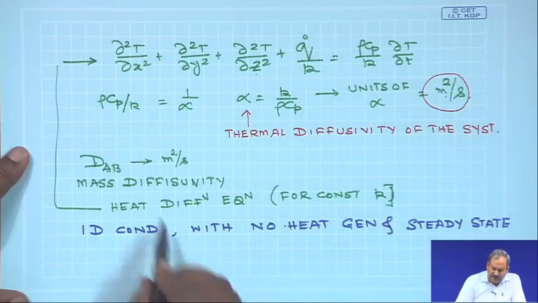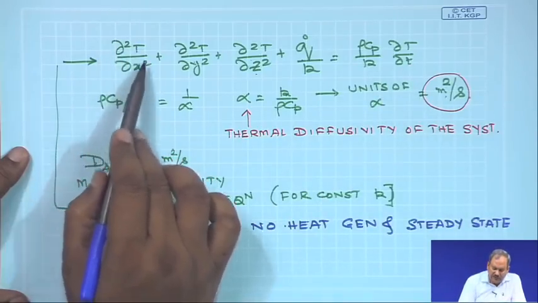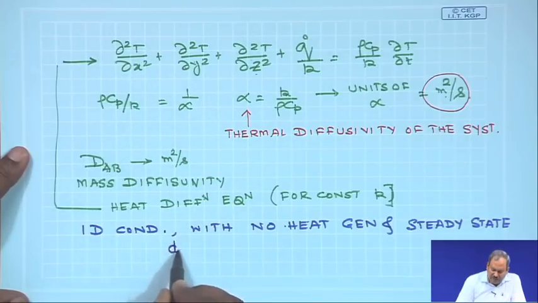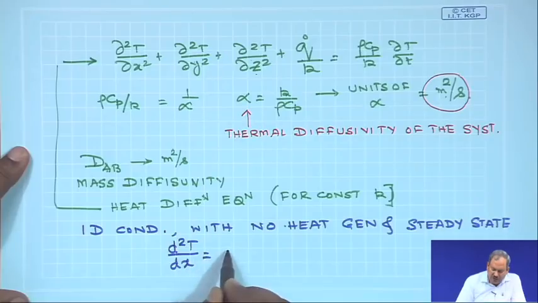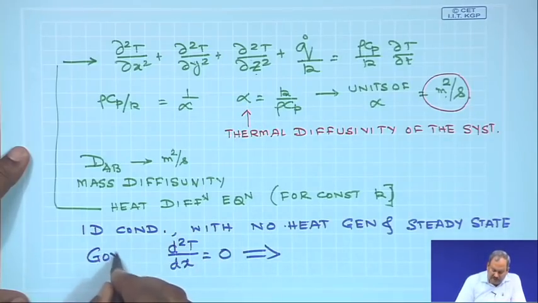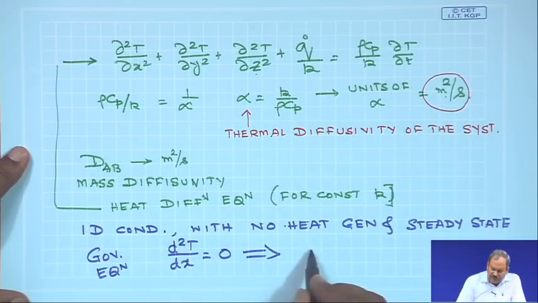So, if that is the case, then I will only have this term present in it, and I do not have to write the partial sign, since t is a function only of position. So, the governing equation for such a case would simply be d2t dx square equal to 0.